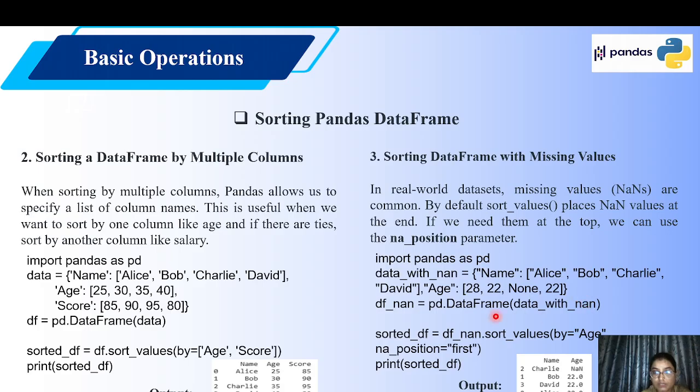You will not see the entire data frame as I am not attaching the output, so you will practice on your own. Here I have written df_nan.sort_values and sorted by age, and I have defined its position to be first. So you can see that in age it comes in the first position.